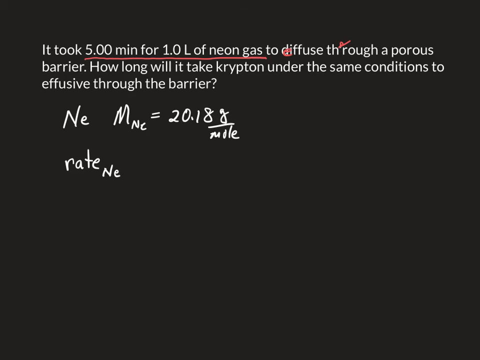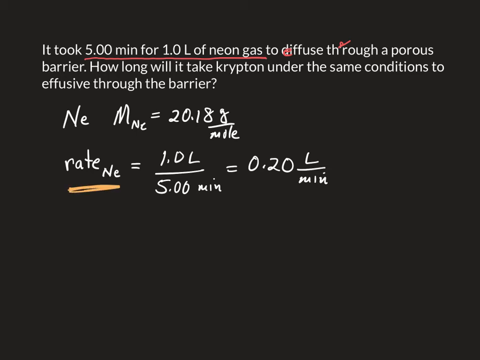But again, we can use anything that is changing with time to develop a rate. So our rate at which neon is effusing is 1 liter per 5 minutes. And so that becomes our rate. 0.20 liters per minute is the rate at which neon is escaping.